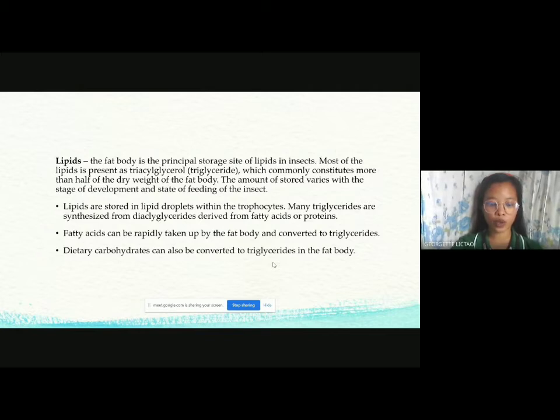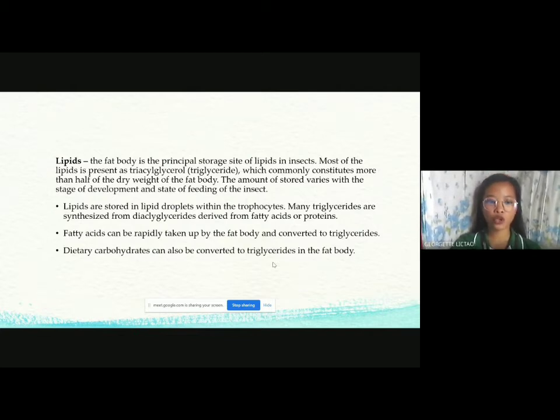Lipids are important because they are a more efficient form of energy storage than carbohydrates sa dalawang rason. Una dito, lipids contain approximately twice the energy per gram than carbohydrates.